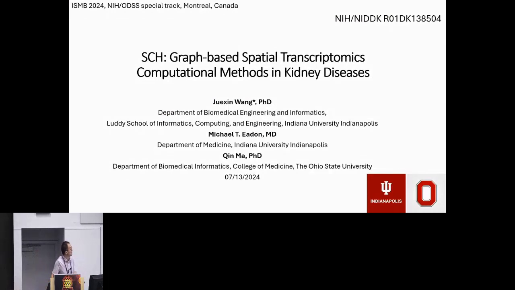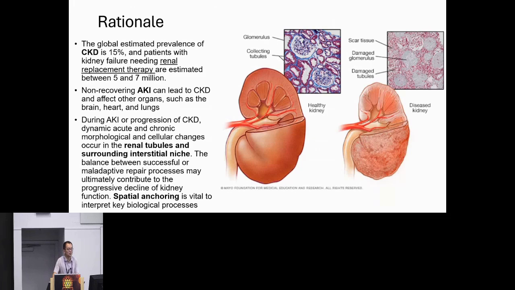The topic of our project is graph-based spatial transcriptomics computational methods in kidney diseases. Why are we trying to study kidney-related diseases? Because one in seven people in the world encounter kidney diseases, named chronic kidney disease, CKD.